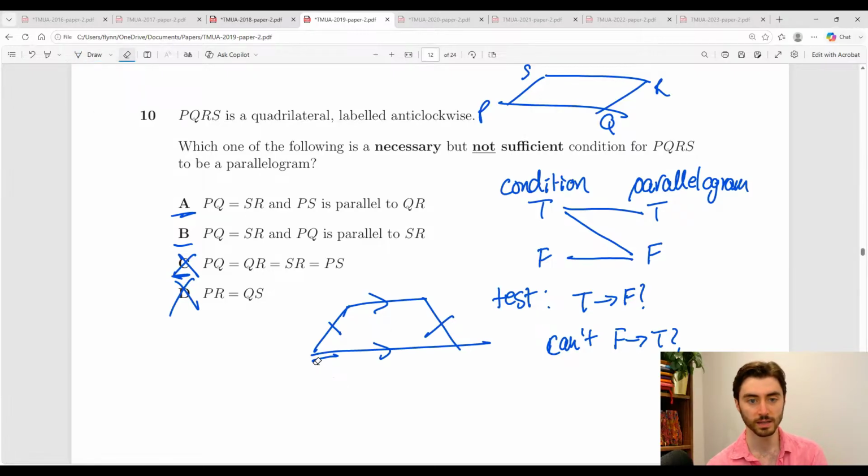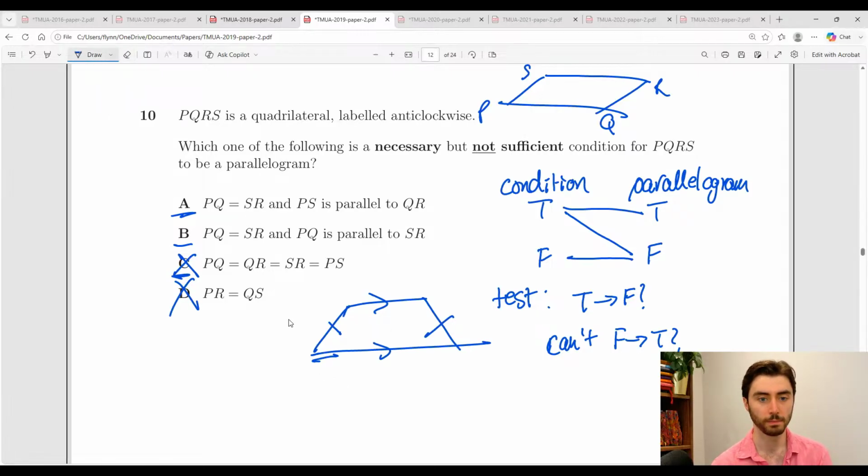So in this case, if I label it from here, PQRS. In this case, PQ equals SR and PS is parallel to QR, and I get a trapezium. So that can go to false. So that's the one that's not sufficient, and I think the answer is A.